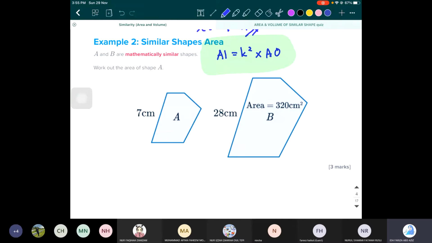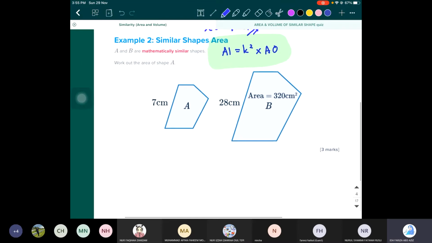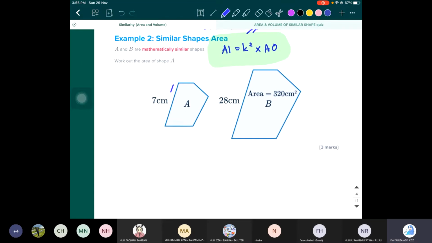Alright. So, first step, seperti saya cakap tadi, apa-apa soalan similar kena cari K dulu. Alright, macam mana nak cari K untuk soalan ni? Kita tengok ni. Kita ada 7 cm and 28 cm and they are corresponding sides. Saya tulis untuk kali kedua. We call this corresponding sides.